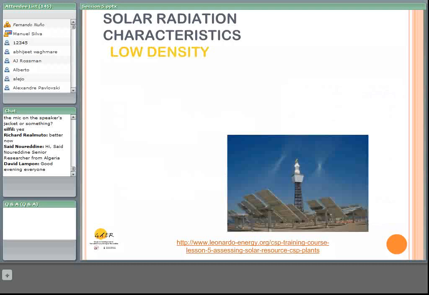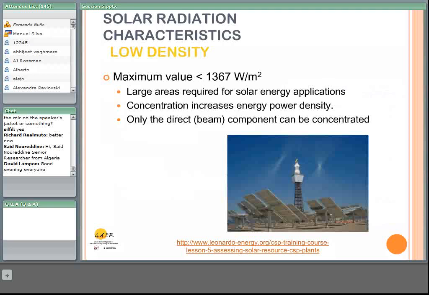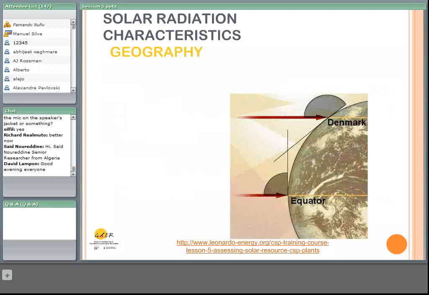We also have to take into account the low density of solar radiation, which makes it necessary to concentrate it in order to increase the power density, and therefore take advantage of the high quality of solar radiation. As we said, only the direct component can be concentrated. Another factor is geography.